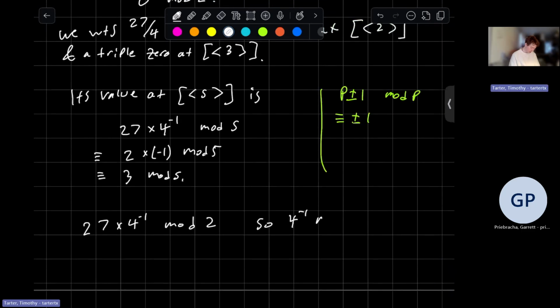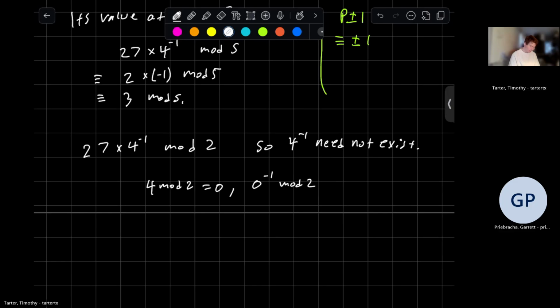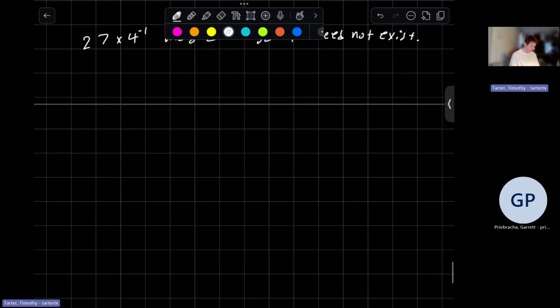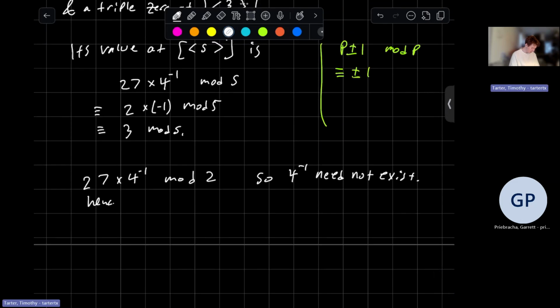So 4 inverse need not exist, because if we reduce 4 mod 2, this is equal to 0. And so we would be saying 0 inverse mod 2, and that makes no sense. There is no such thing. Hence double pole.